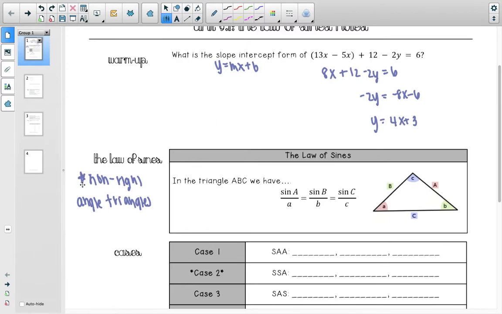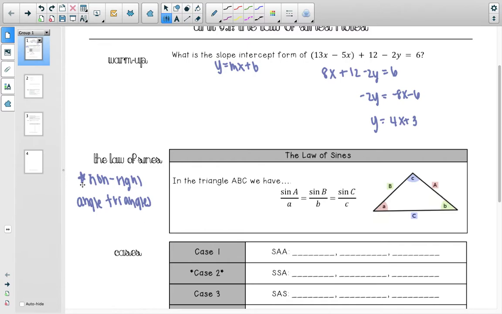You absolutely can. But in my opinion, it is so much easier to use regular trigonometry, like opposite over hypotenuse, adjacent over hypotenuse, those trig ratios, than the law of sines. But you have every right to do it that way if you really want to. Typically, though, it's for just general triangles.